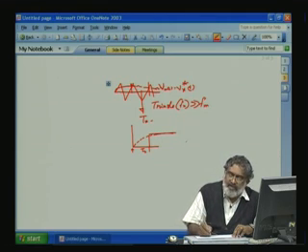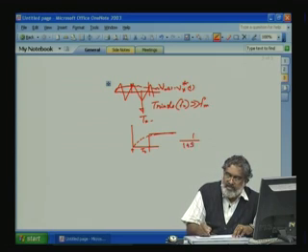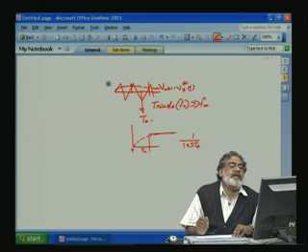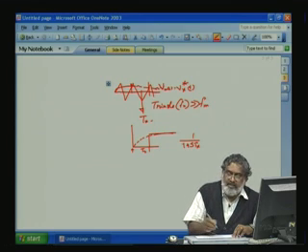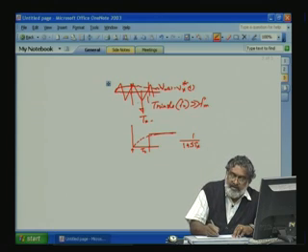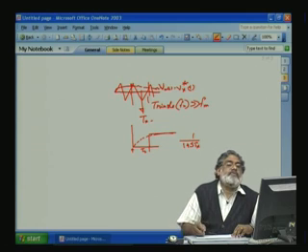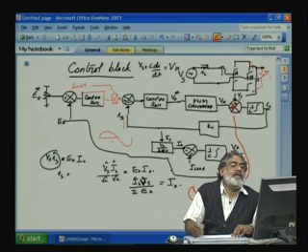First order lag means the input output representation is 1 by 1 plus STR. Okay. TR is one triangle period. Now, for the converter, go to the previous slide.